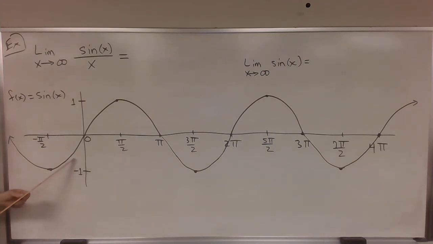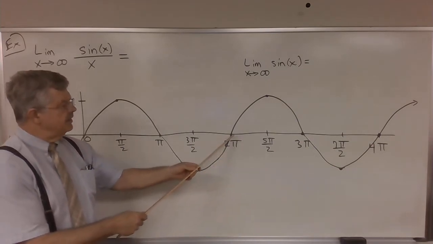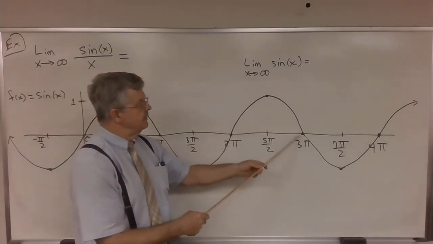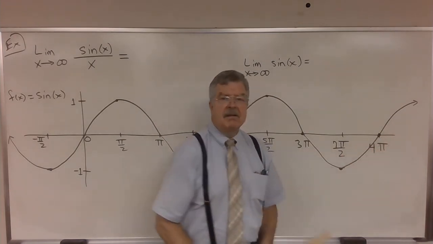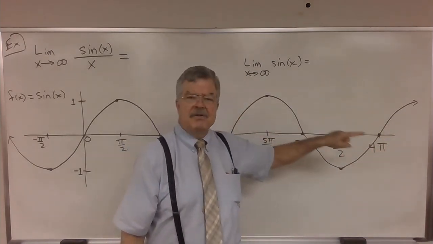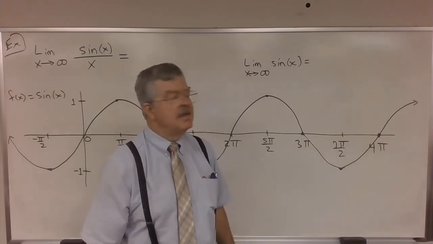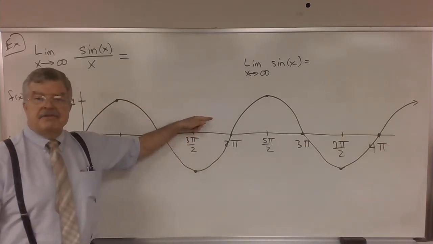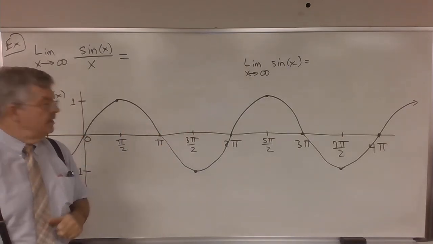it's -1 and now it's 0, and then it's 1, and then it's 0, and then it's -1, then it's 0, then it's +1, then it's 0, -1, 0, 1. As x goes to infinity, there's no one real number that f of x gets close to and stays close to.